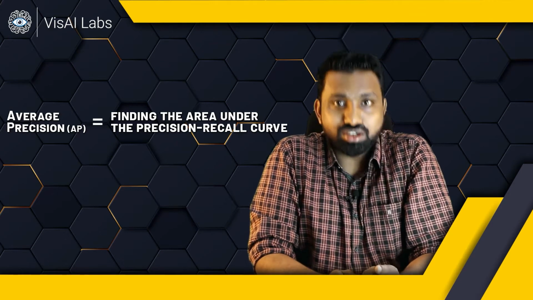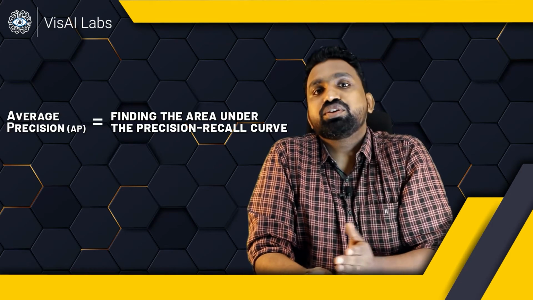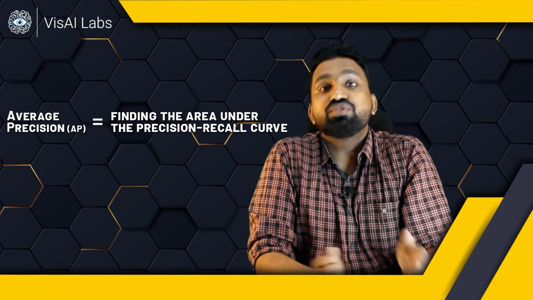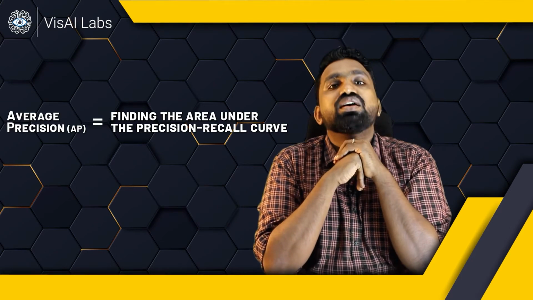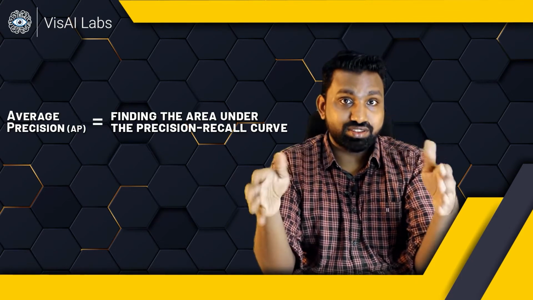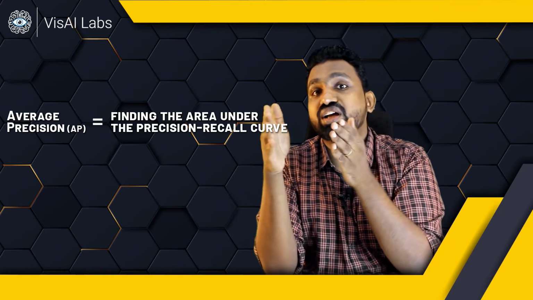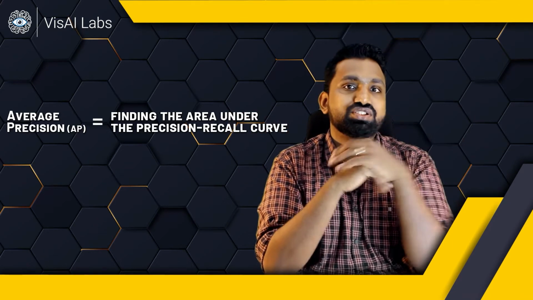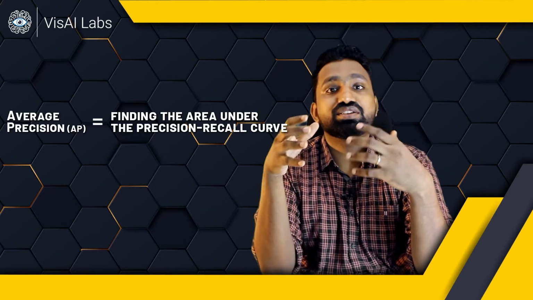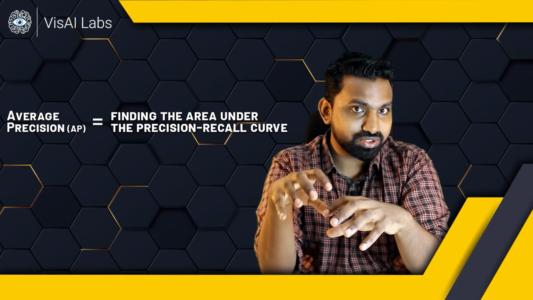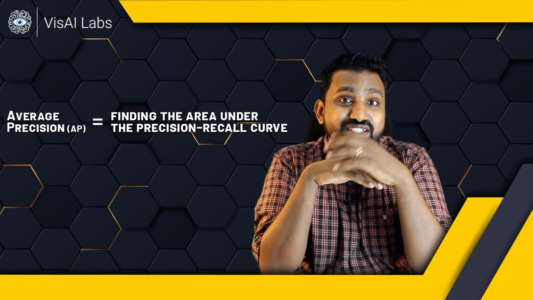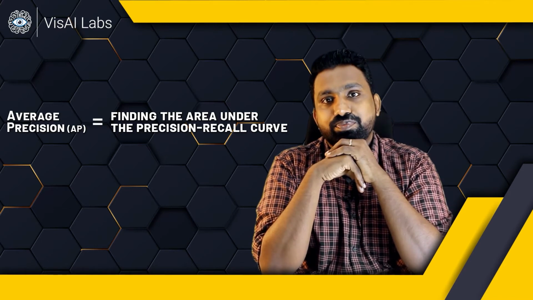This precision recall curve shows you the trade-off between precision and recall for different thresholds. A high area under this curve represents both high recall and high precision, whilst high precision means that you have a low false positive rate. Here, high recall actually means you have a low false negative rate.